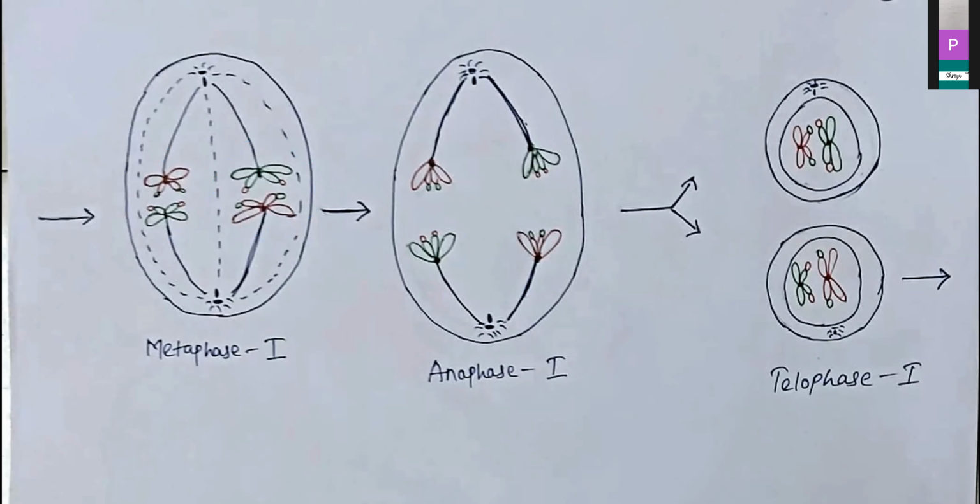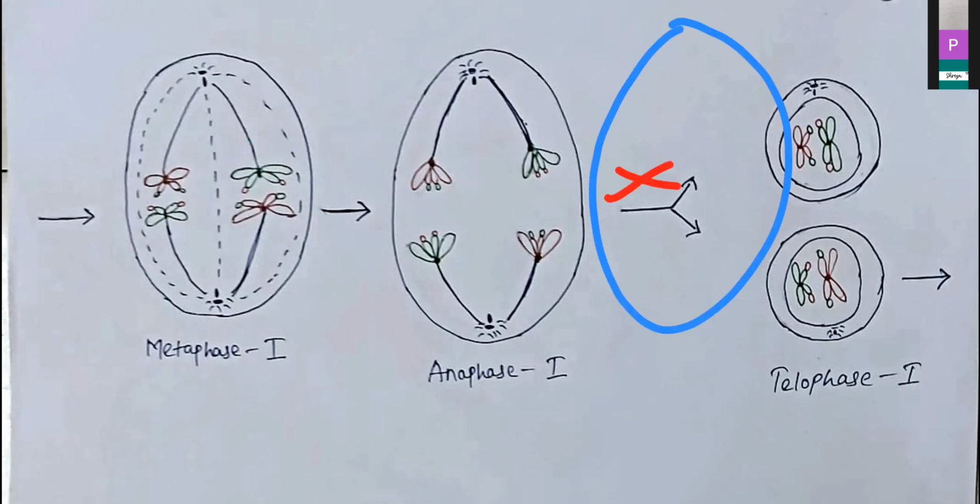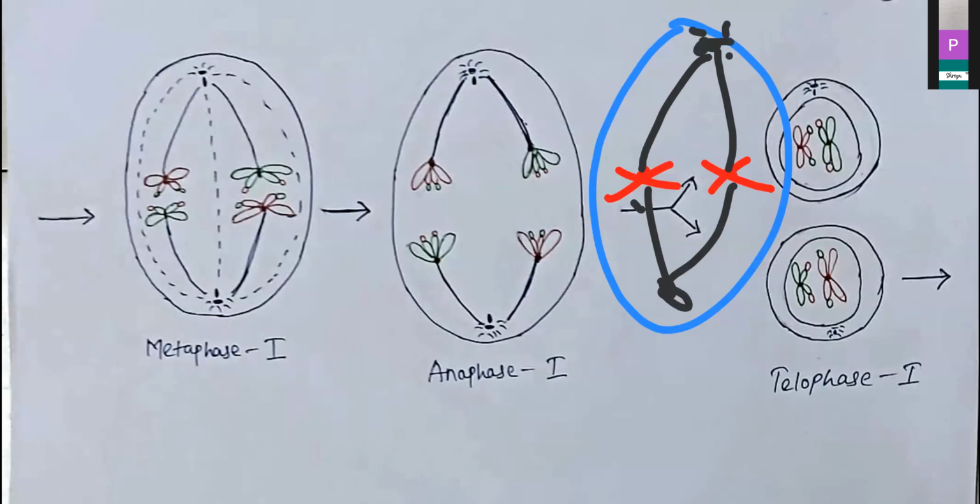If you remember, in a normal metaphase, individual chromosomes would have been arranged like this, isn't it? But here it is the pair of homologous chromosomes.